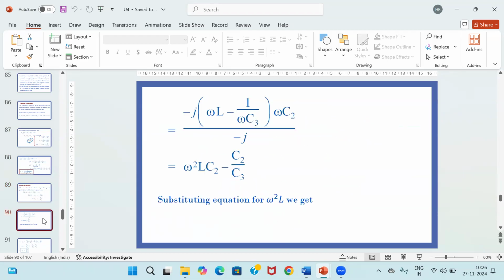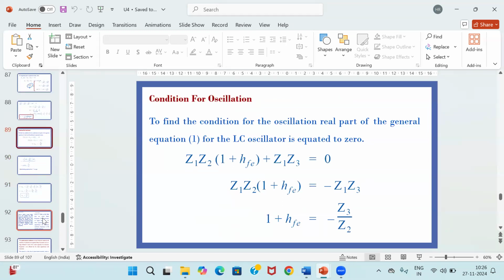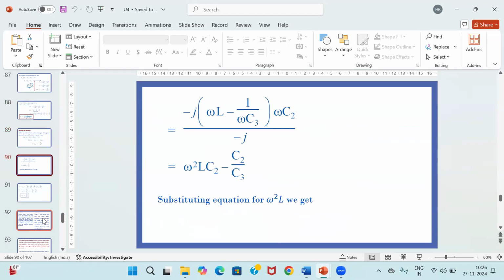Z3 is j omega L plus 1 by j omega C3, and the value of Z2 is 1 by j omega C2. You substitute those terms and simplify. After simplification, you get omega square L C2 minus C2 by C3.